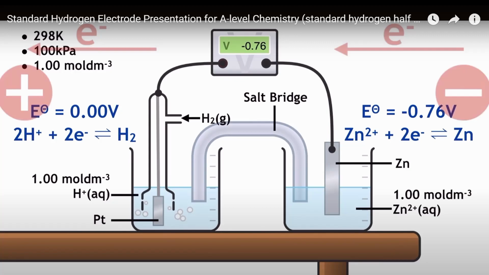Okay, now remember, we hook up the voltmeter when we're measuring an electrode versus the SHE, the standard hydrogen electrode, with the hydrogen on the left, so that we will get the correct sign for what kind of potential.